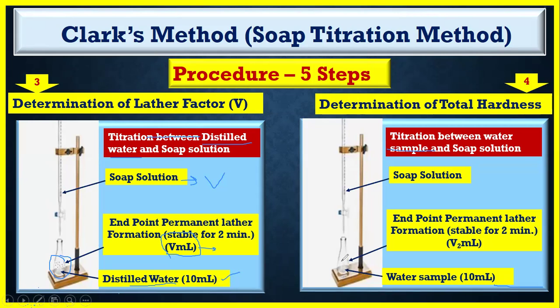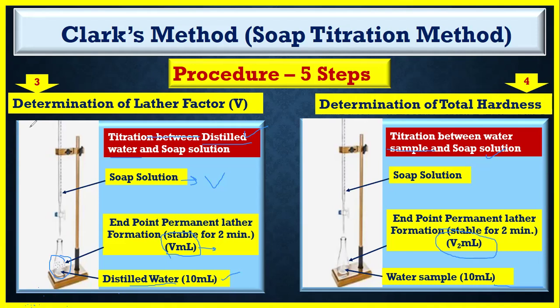Suppose this time the reading comes out to be V2 ml. So to determine the total hardness, we titrate the water sample with the soap solution. To determine the lather factor, we titrate distilled water with the soap solution. And to determine the standardization of the soap solution, we titrate standard hard water with the soap solution.